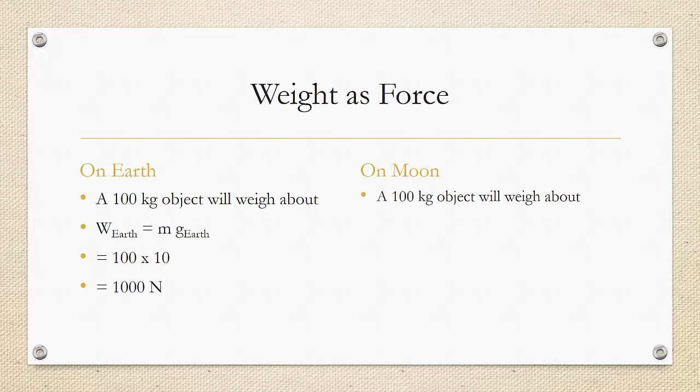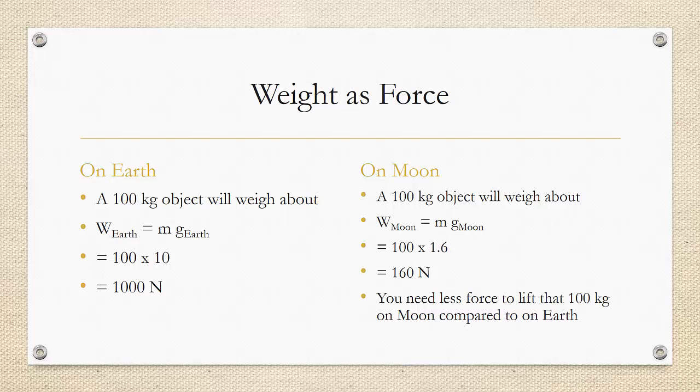But on the Moon, if you apply the same formula, the same object's mass is 100 multiplied by the gravitational acceleration of 1.6. On the Moon, it's only 160 Newton. This shows that you need less force to lift up that 100 kilogram object on the Moon compared to on Earth.